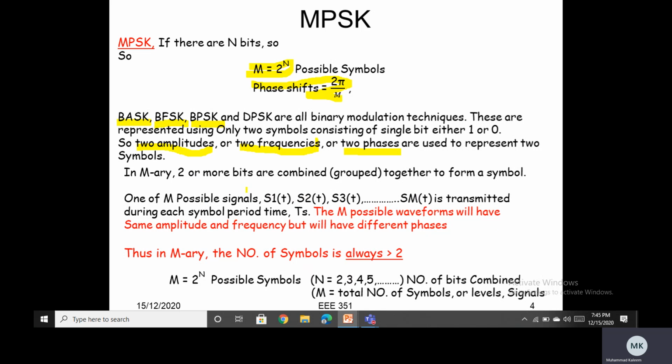So one of M possible signals, S1 of t for symbol 1, S2 of t for symbol 2, S3 of t for symbol 3, all the way to SM of t, depending on the value of M, is transmitted during symbol period time, which is Ts. So M possible waveforms will have the same amplitude and the same frequency, but will have different phases. Thus in M-ary, the number of symbols is always greater than 2.